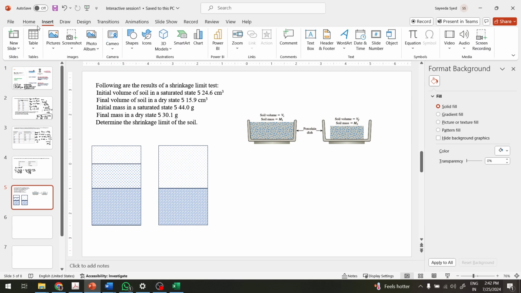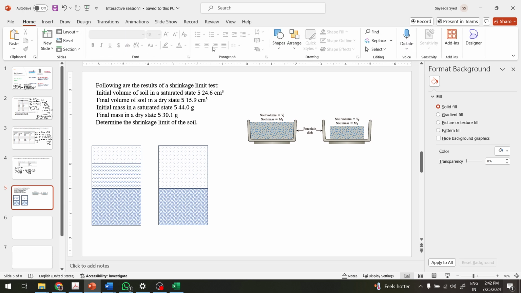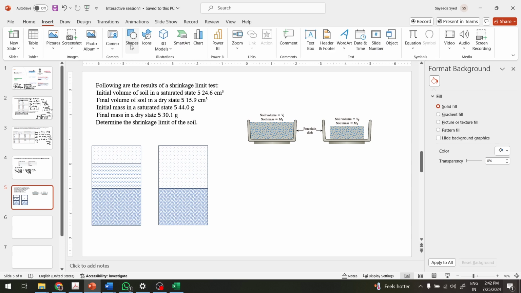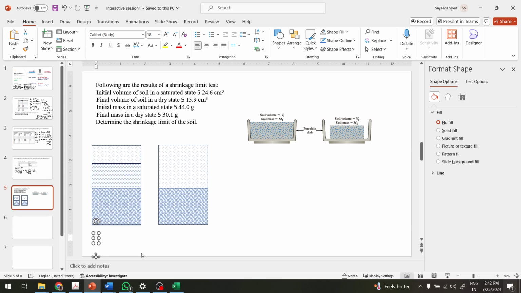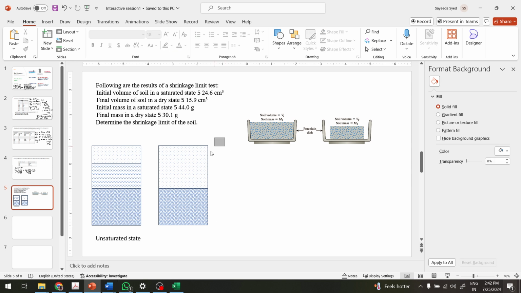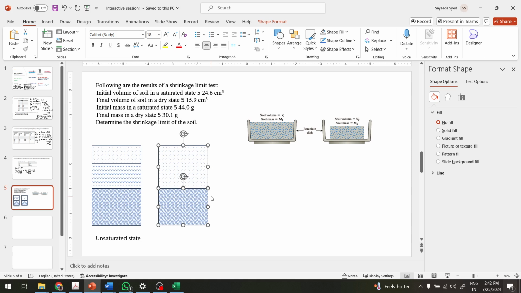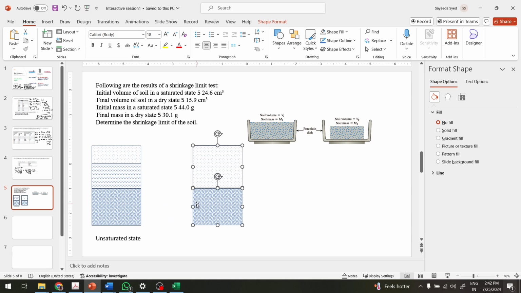But what we do in this test is first we saturate the soil. This is the unsaturated state, but we are taking the soil in the saturated state.